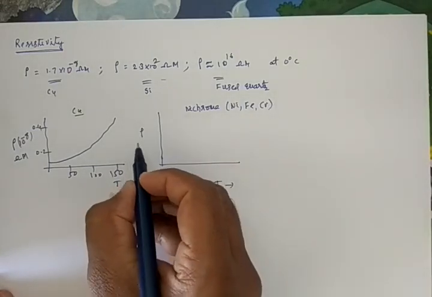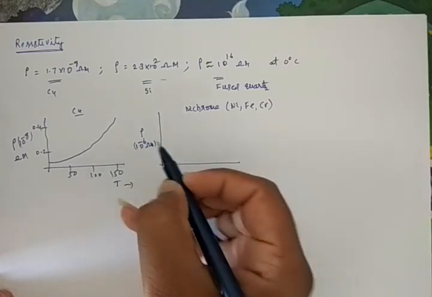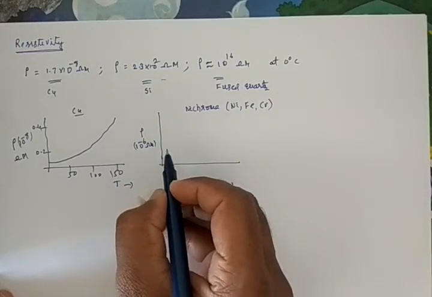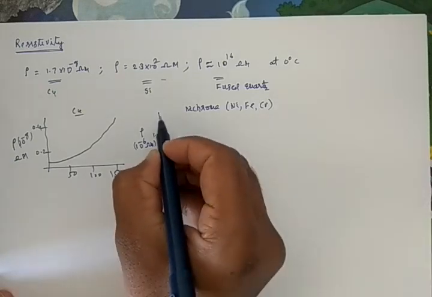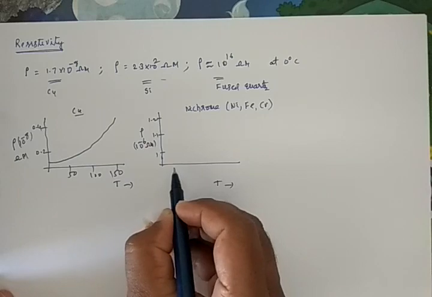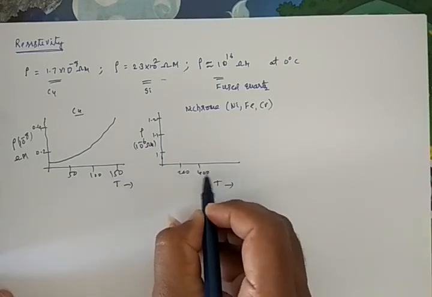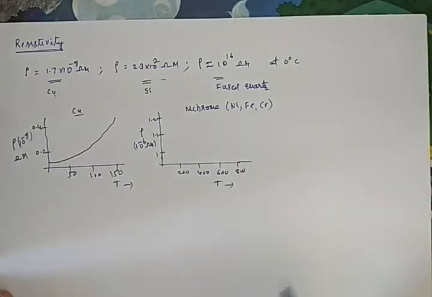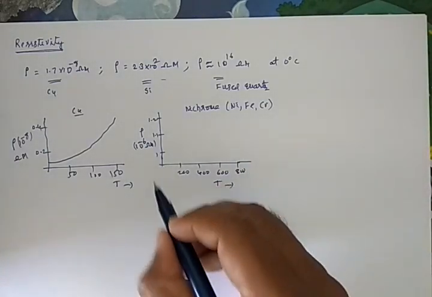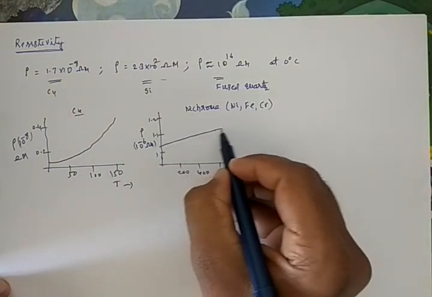Its resistivity is of the order of 10 to the power minus 6 ohm meter. Here I am taking 1, 1.1, 1.2, and the temperature scale is 200, 400, 600, 800, and so on. As you increase temperature, again resistivity increases, but it goes from here to somewhere like this.